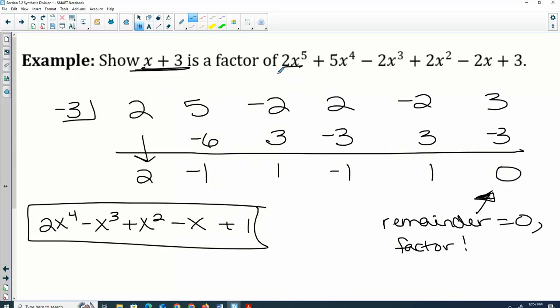Think back here. If I'm trying to show it's a factor, the only thing I care about is my remainder. The remainder theorem says, okay, if I took this negative 3 and I plug that in for x, grab a calculator and just type this in.